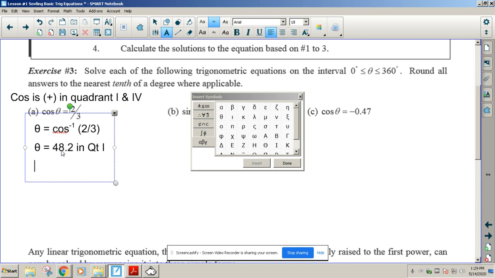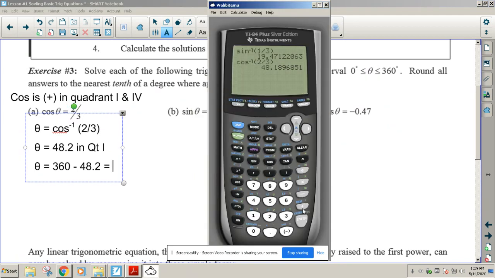But now, the 48.2 degrees is the reference angle in quadrant 4. So theta in quadrant 4 is going to equal 360 minus 48.2 degrees, and that is going to give me 311.8 degrees.